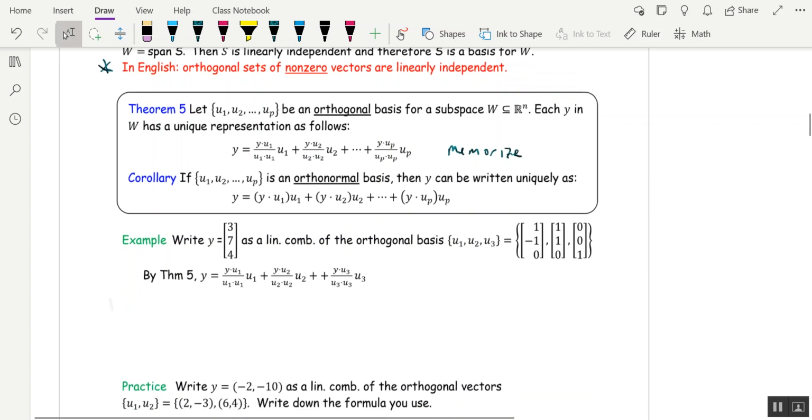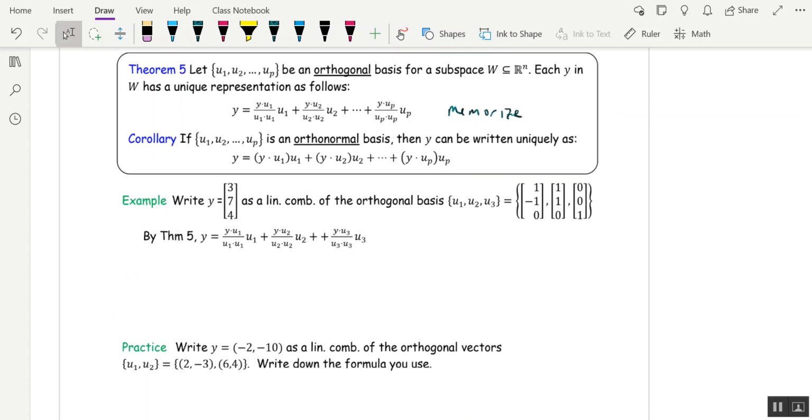Write y as a linear combination of the orthogonal basis, and we're told it's orthogonal, so we don't have to check. And actually, we already checked on the first page. So here's our set. I started this out, and I wrote down the formula we're going to use. It's theorem 5 with just 3 u's, u1, u2, and u3. So here we go.